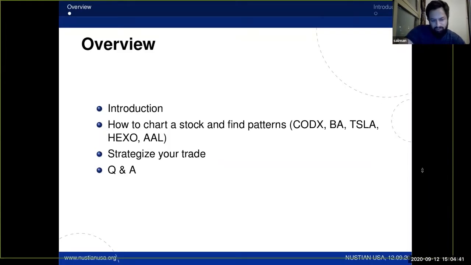And then we will see these patterns, how to study the patterns, how to see the candles and everything. And then a very important part of trading, I think, is to strategize your trade, how to plan the trade, because we usually trade by just entering and not knowing when to exit, or we know the targets very vaguely and we don't have any idea what will be the plan B if it goes wrong.